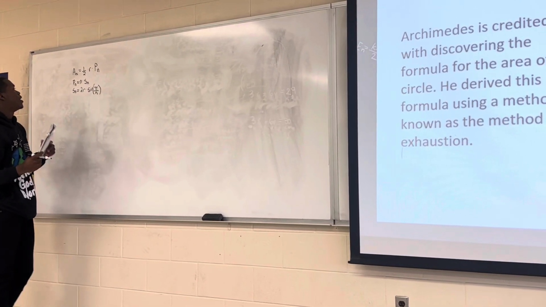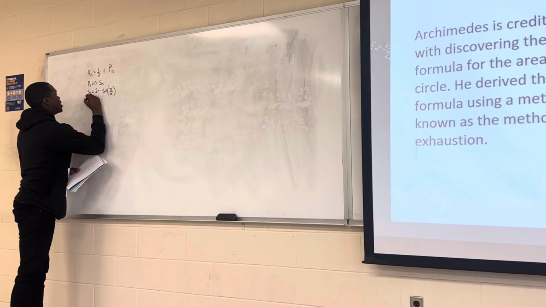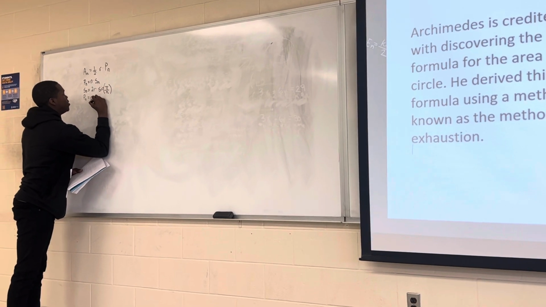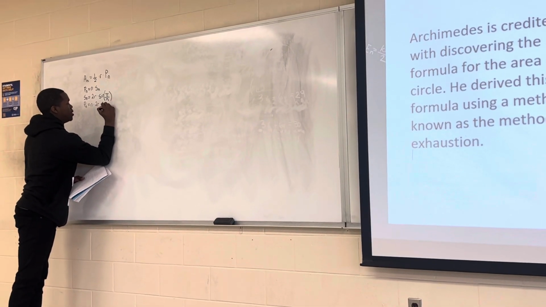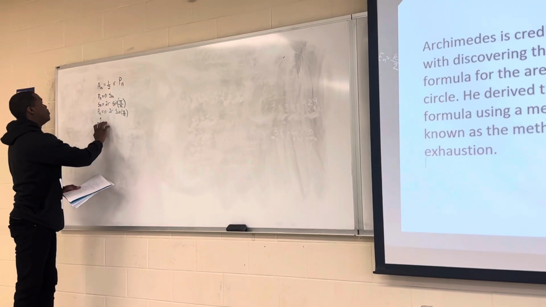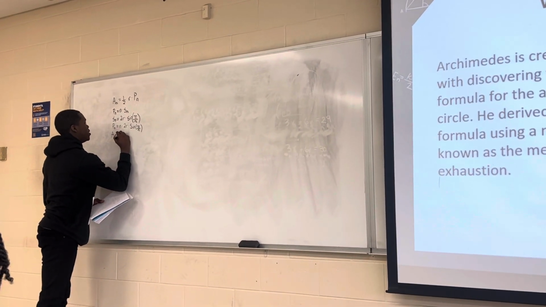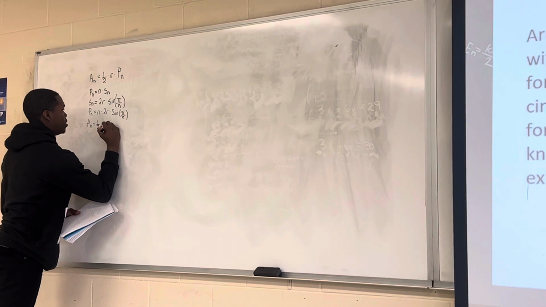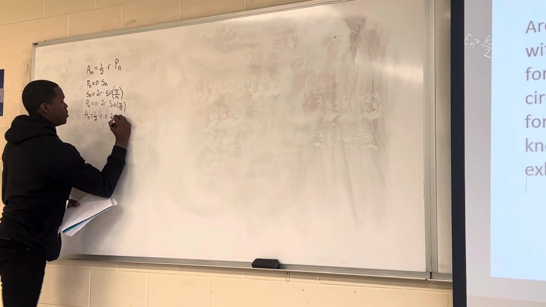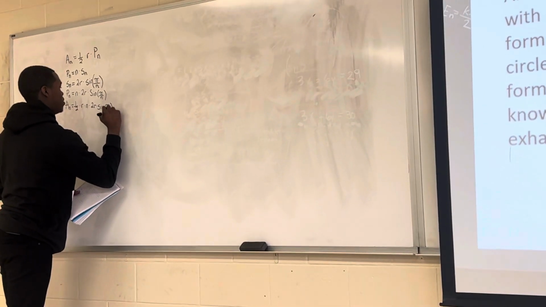So now that you have these two values, you would just plug that back into P_n, which would give you n times 2r times sine of pi over n. And then you plug P_n back into A_n. So now A_n is 1/2 times r times n times 2r times sine of pi over n.